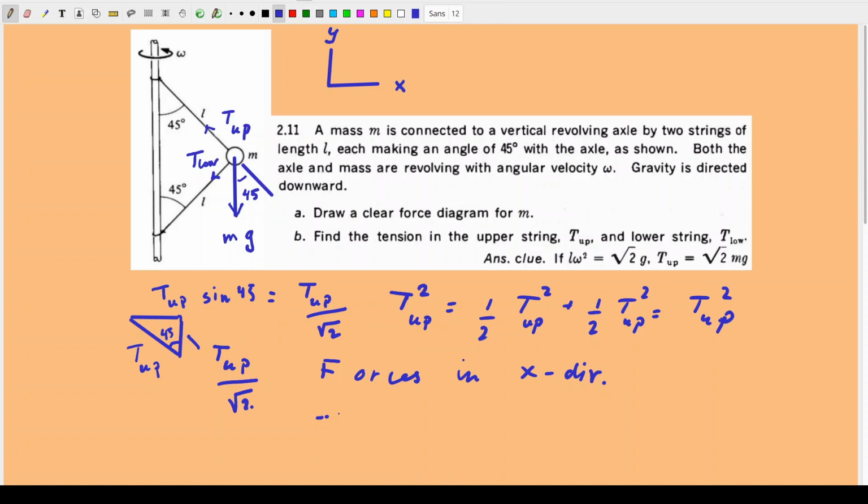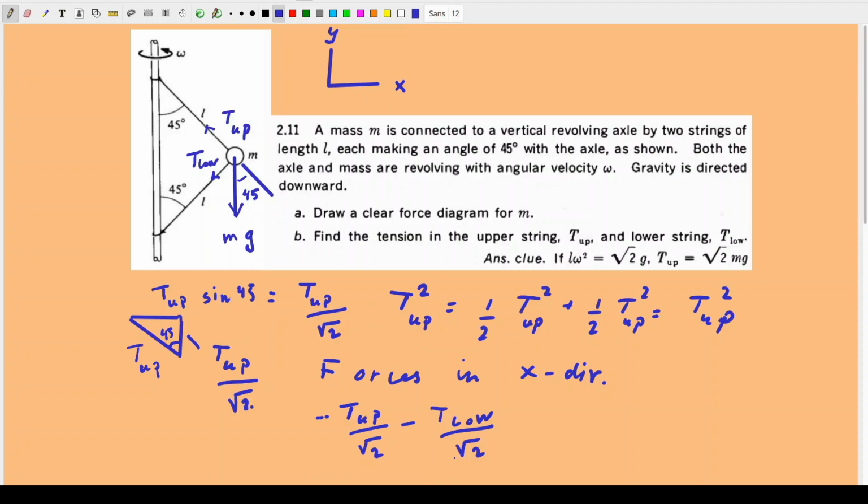Minus, at least I tried to do a minus there. T up over square root 2, minus T low over square root 2.